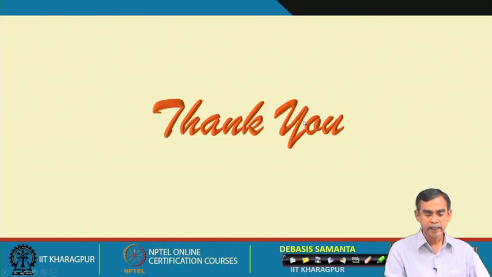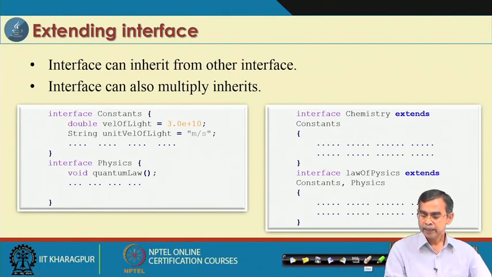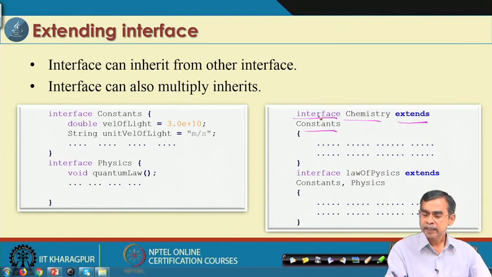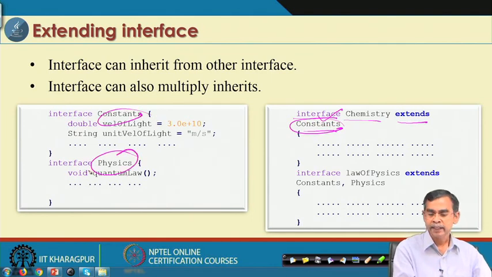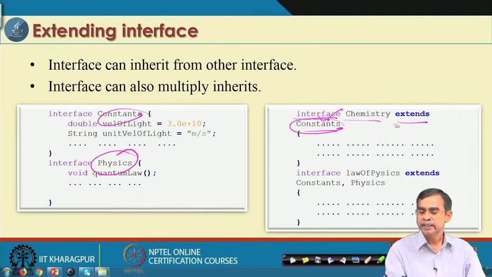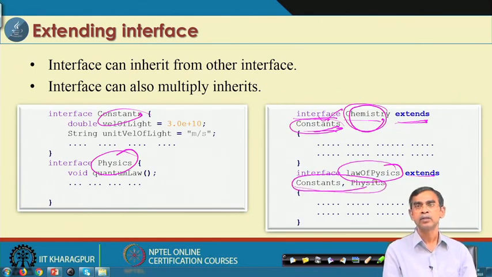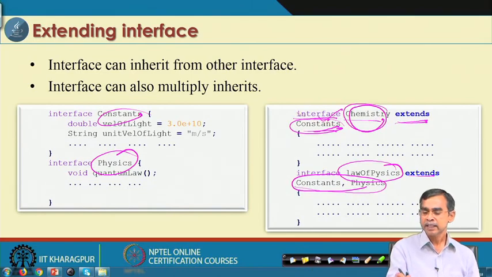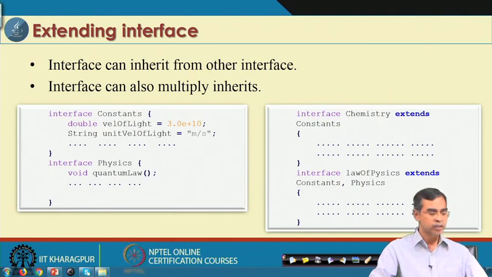Here the interface Chemistry extends the interface Constant. Here we can see an interface creating another interface, LawOfPhysics, inheriting the interfaces Constant and Physics. It is just like a class inheriting others, so inheritance is also possible with interfaces.